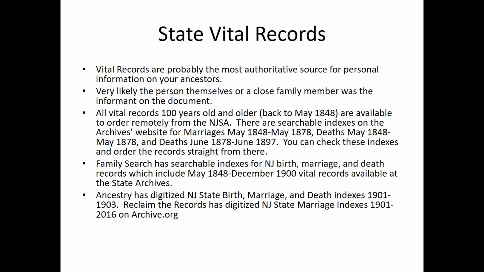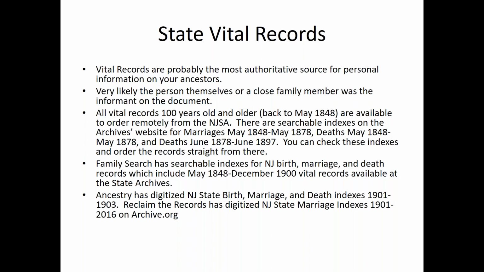Currently, any New Jersey state vital record that is at least 100 years old or older, all the way back to May of 1848, is available at the state archives. The archives owns all of these records. And if you are out of state, that means that you can order them remotely. We'll be talking a little bit more about the archives website.